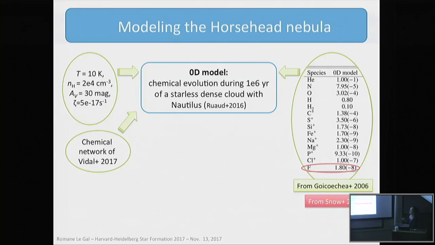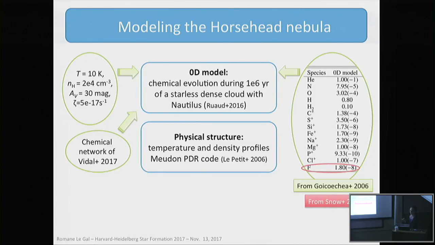We run the simulation for 1 million years. Besides that, we also build the physical structure of the Orion Bar Nebula, that is to say the temperature and density profile of the Orion Bar. For that, we use the Meudon PDR code, and we also use observational constraints.